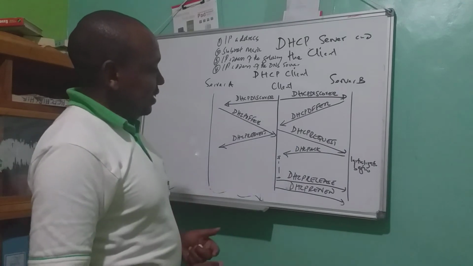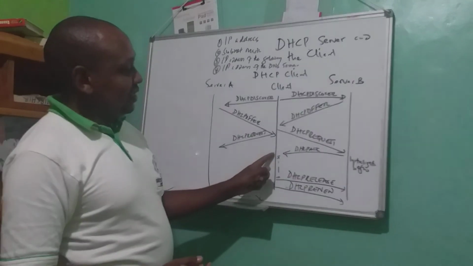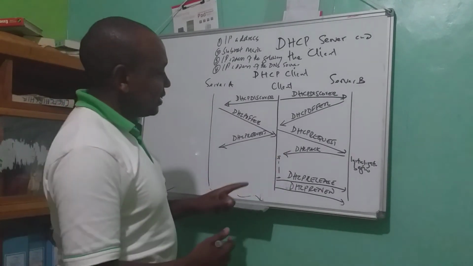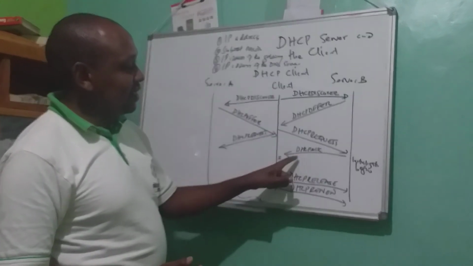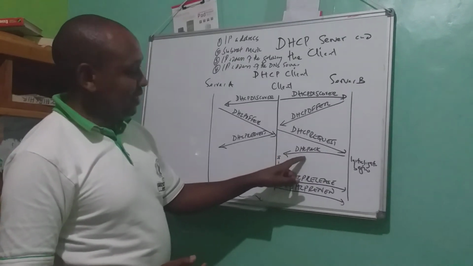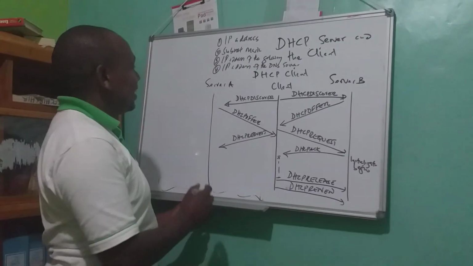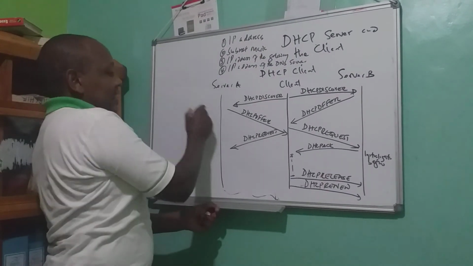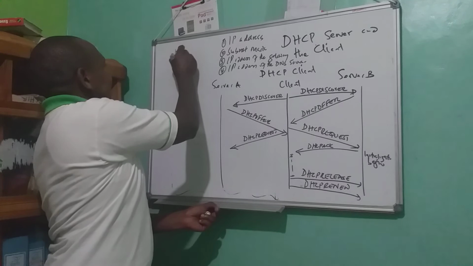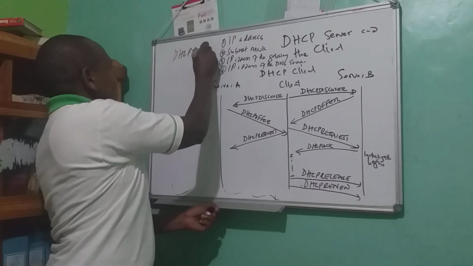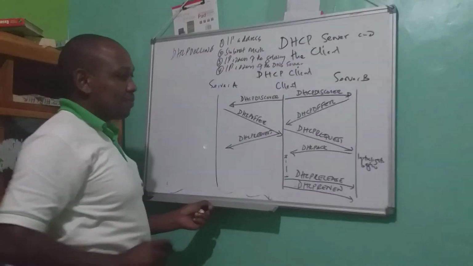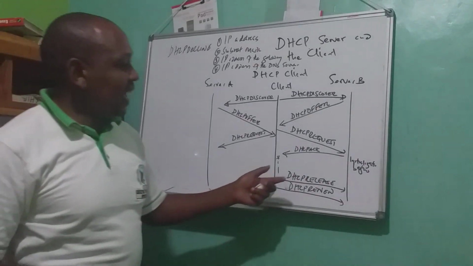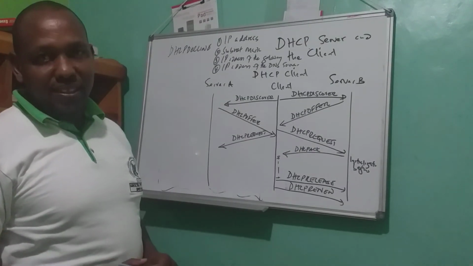And in case the client, for some reason, decides that it doesn't need these parameters that it had initially requested, then it can send the message DHCP decline. That means I no longer need these parameters.